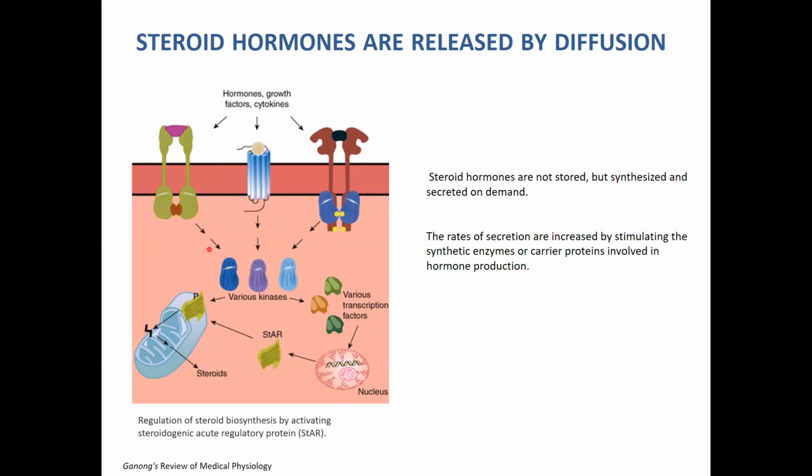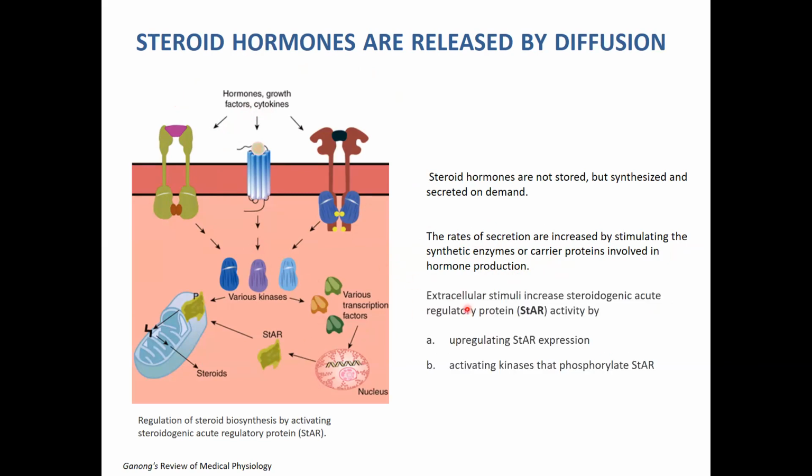In this cartoon, I'm showing you the various different hormones, cytokines, and growth factors, which can activate increased expression of this protein called STAR, which stands for steroidogenic acute regulatory protein. You either increase the expression, or you can phosphorylate it to increase its activity.